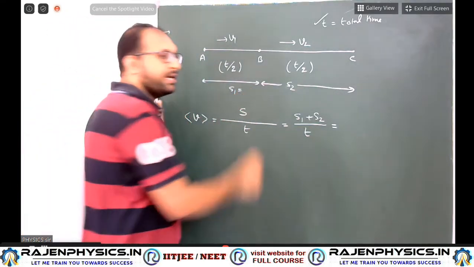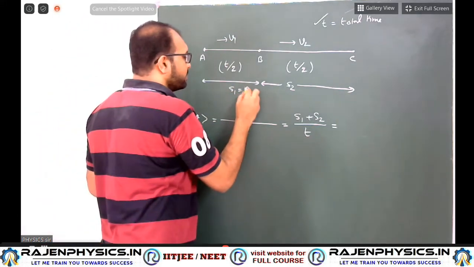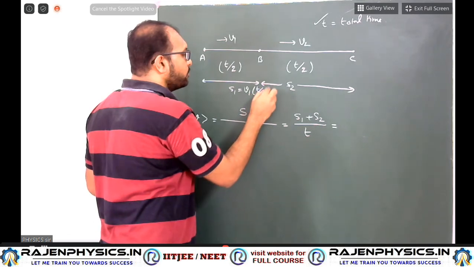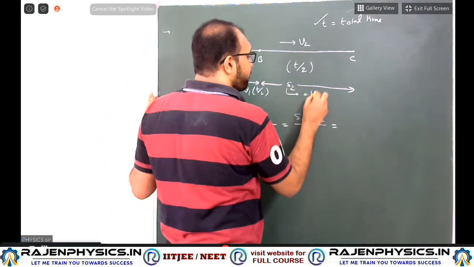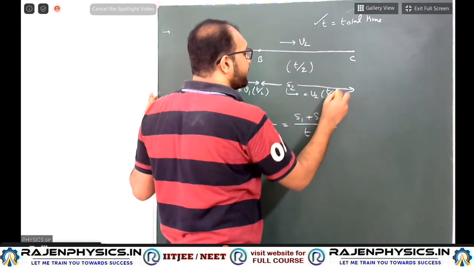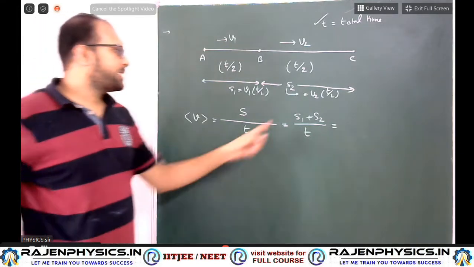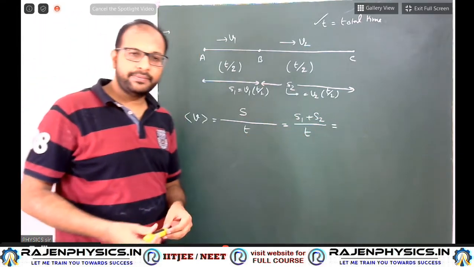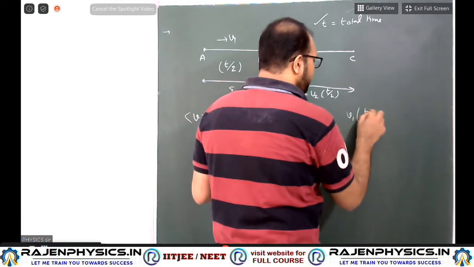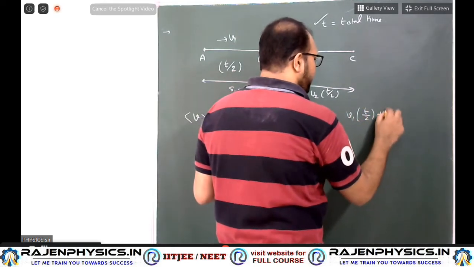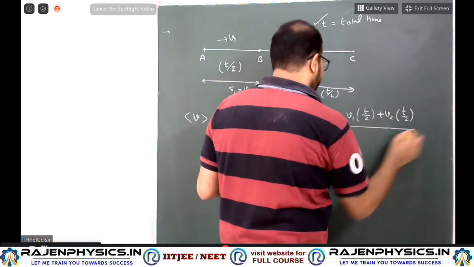How to calculate distance? Velocity into time. What is the velocity? V1. V1 into t by 2. Second distance is V2 into t by 2. So S1 plus S2 by t, that is V1 t by 2 plus V2 t by 2 divided by t.